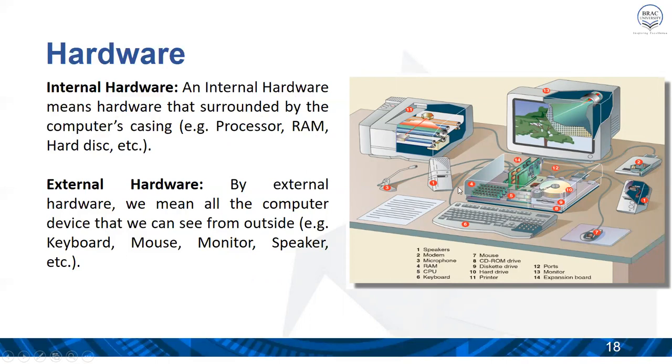In the figure, we can see the processor, RAM, hard disk, which are inside the casing, right? Whereas by external hardware, we mean all the computer devices that can be seen from the outside. For example, keyboard, mouse, monitor, and speaker, which are actually outside of the computer, as seen in the figure.